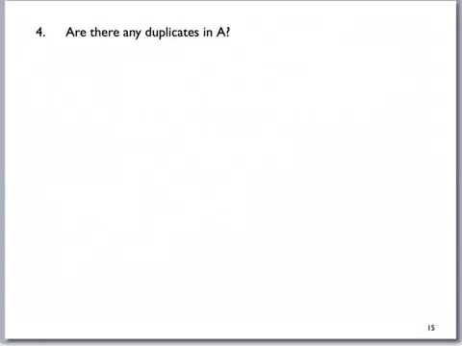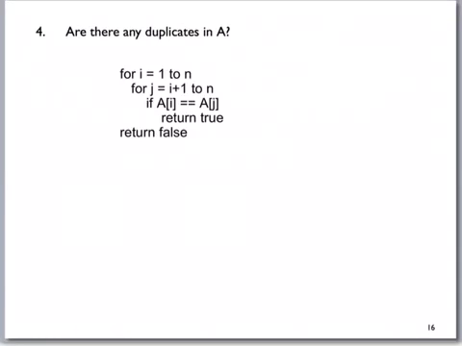Last example. This one's a little bit trickier. Are there any duplicates in A? I'll give you a second to think about it. Okay, so here's my answer. In this case, what we have to do is compare all of the pairs of A with itself.